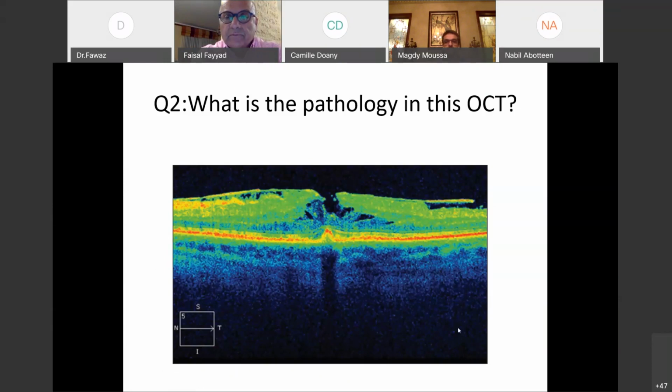Just to grab everyone's attention, when you vote, please click submit at the bottom right so that the answer is registered. Thank you. It's interactive, so we need all the attendees to vote in order to test our knowledge in OCT.